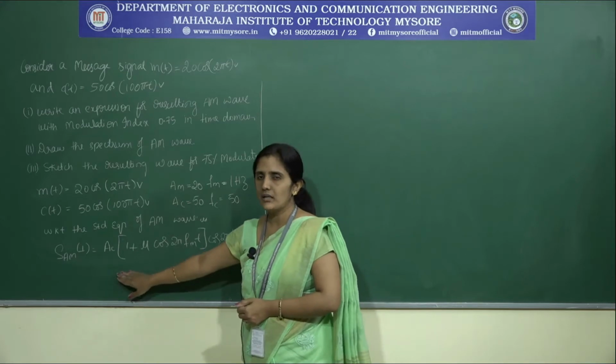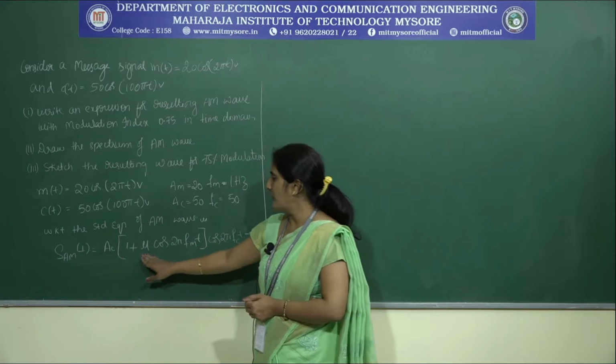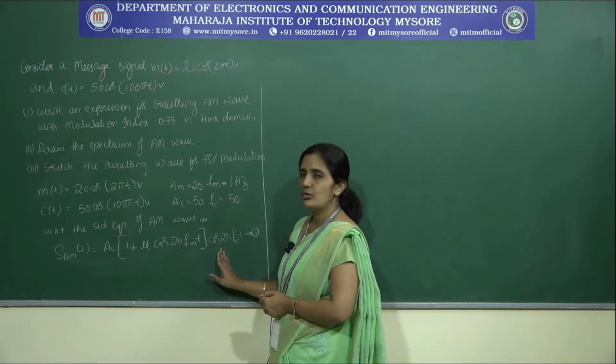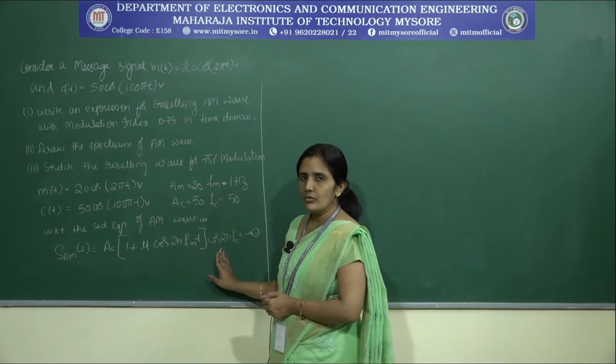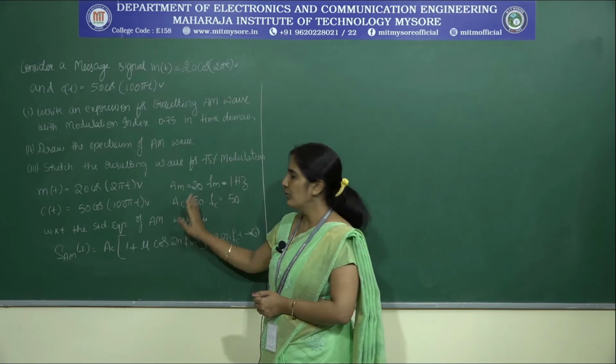We write it like this: s_AM of t is equal to Ac into 1 plus mu cos 2 pi fm t, into cos 2 pi fc t. What we have to do here is substitute the obtained values into the equation.